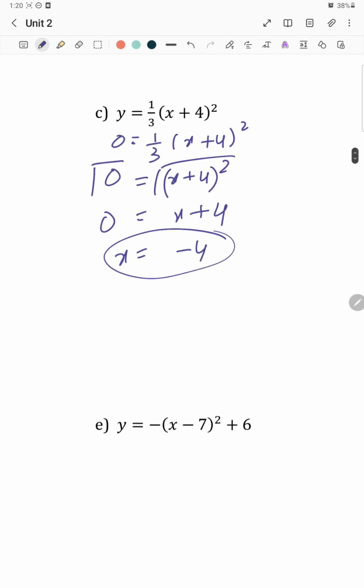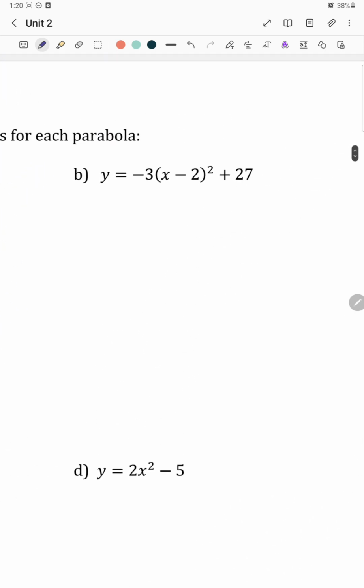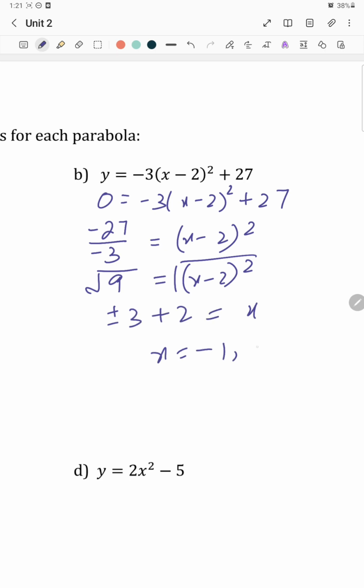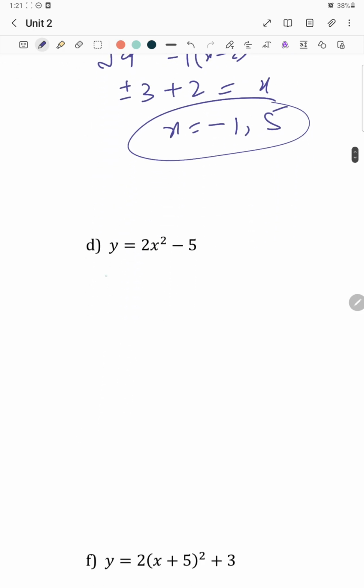Vertex will be minus 4 and 0, and vertex is in the middle. So x would be minus 1 and 5.